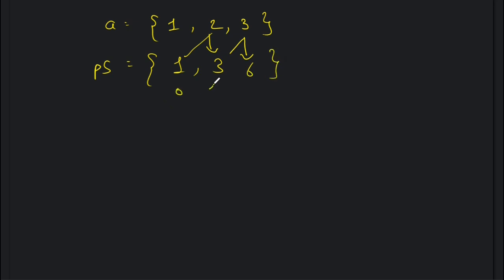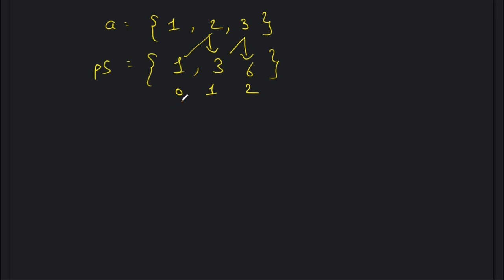So I'll take A is equal to 1, 2 and 3, a simple one. The partial sum we have created as 1, we will add this and put it here 3, we will add this and put it here 6, and let my indexes be 0, 1 and 2.